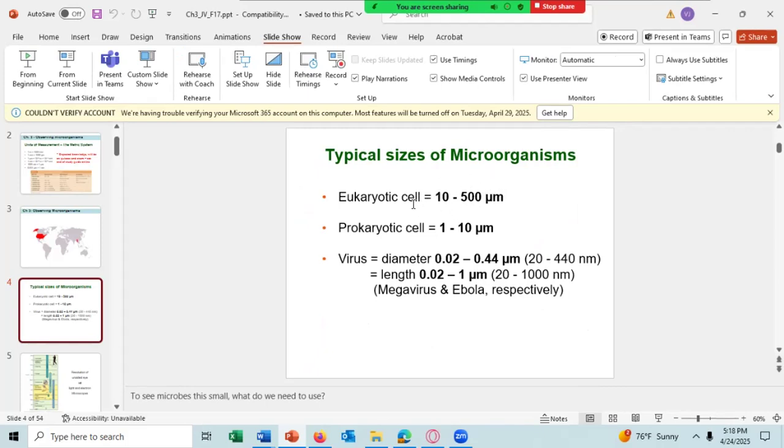Like a chicken yolk cell, the largest cell you've ever seen, is larger than 500 micrometers. And what the heck would that be? The chicken yolk would be over a centimeter, maybe about 2 to 5 centimeters in length.